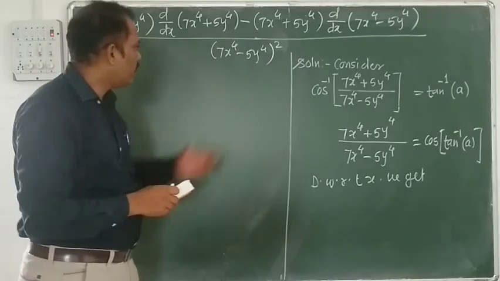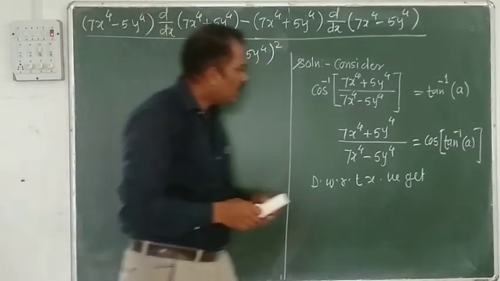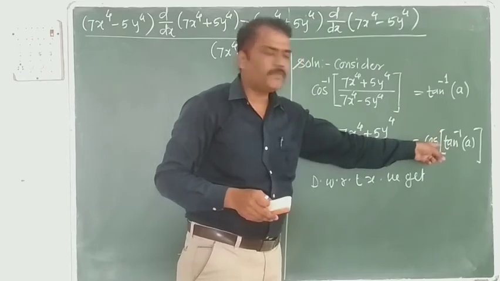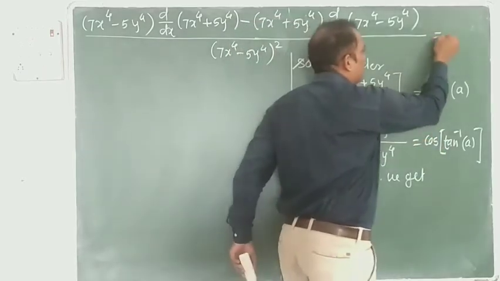By using the quotient rule, we have to make the square of the denominator. On the RHS, this function is a constant, so its derivative is 0.